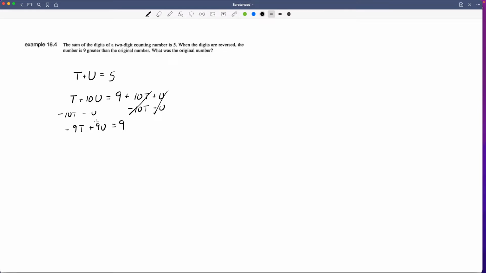Now what I need to do is simplify or reduce this. So I'm going to divide everything by negative 9 because that's my lead coefficient right here. So that becomes 1t minus u, because then that becomes a negative 1, is equal to negative 1. So t minus u is equal to negative 1. So now to solve for t, I say plus u to both sides.